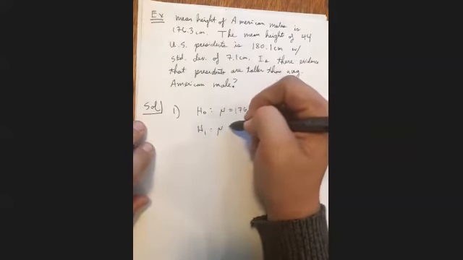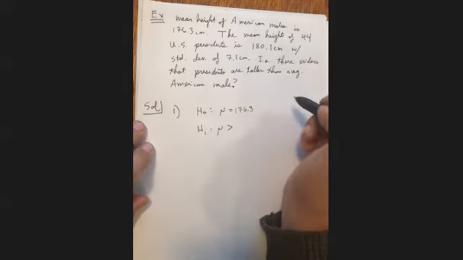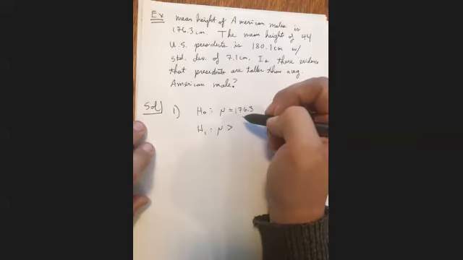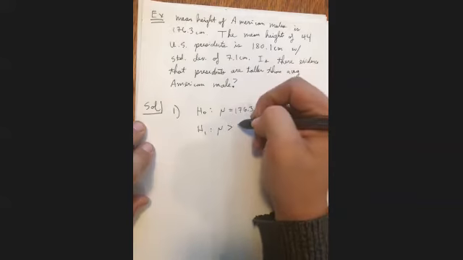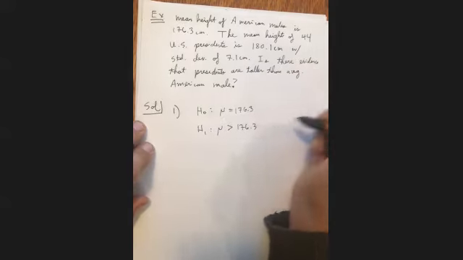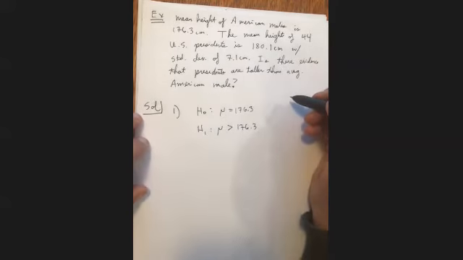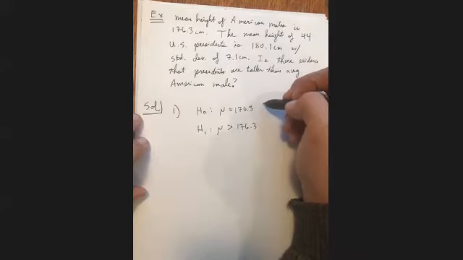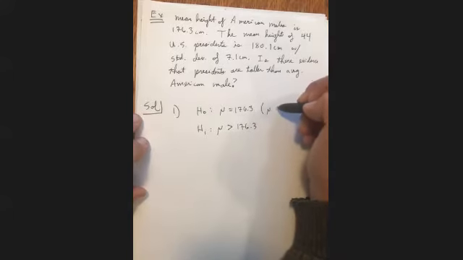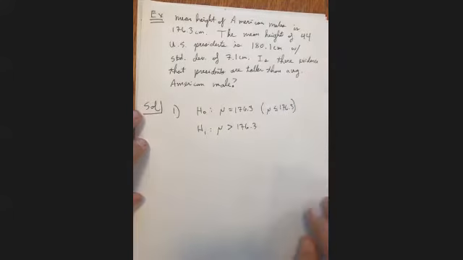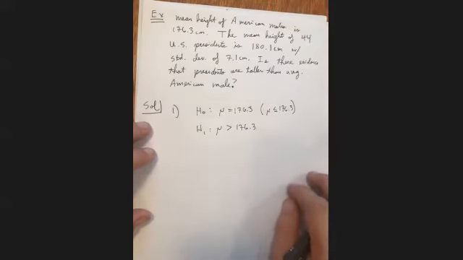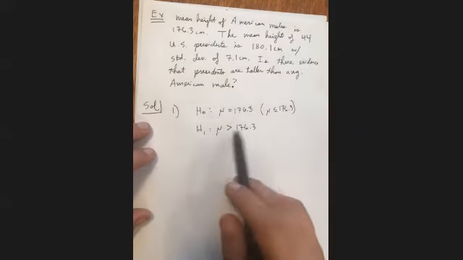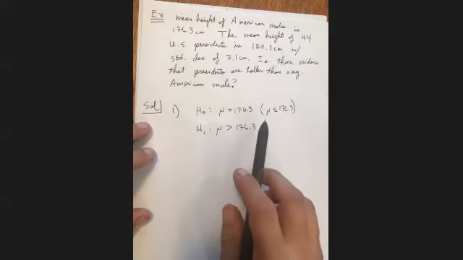So that would be that mu is actually greater than 176.3. And again, really, we could write the null as less than or equal to. Either way, once we've identified the hypotheses, we know that we have a right-tailed test.